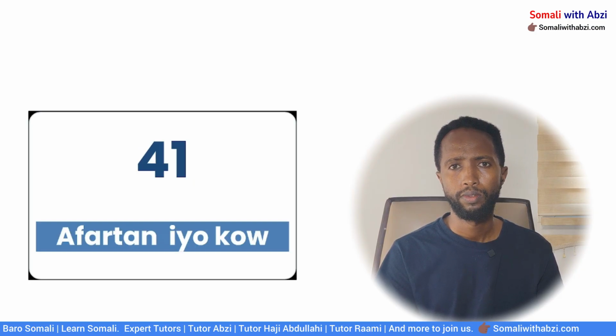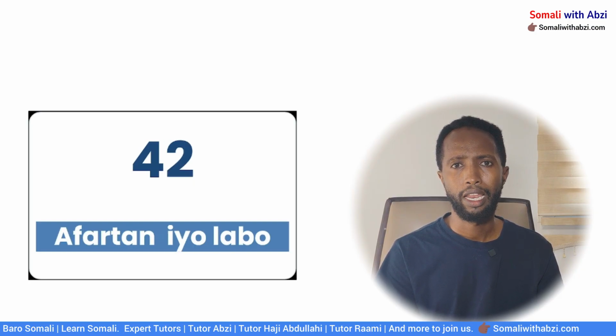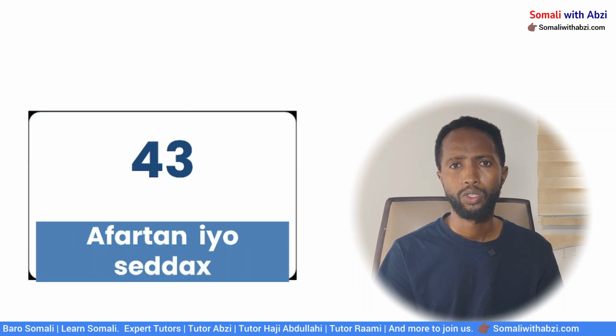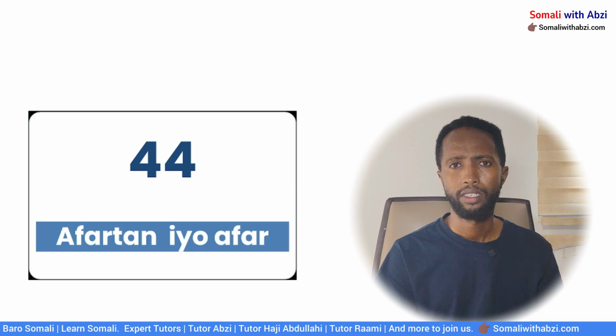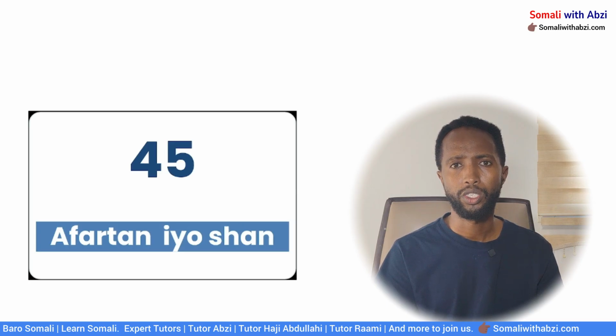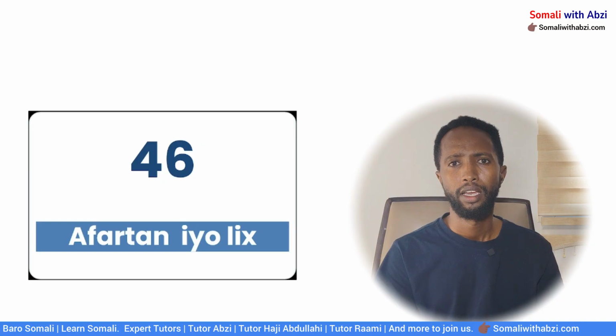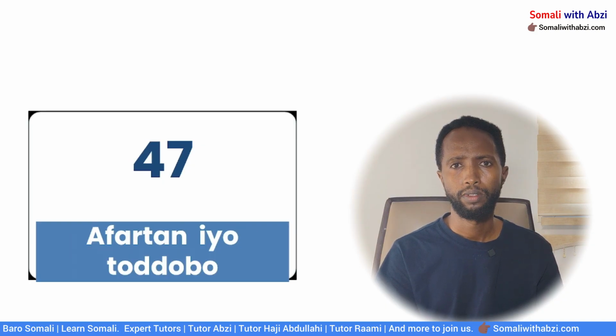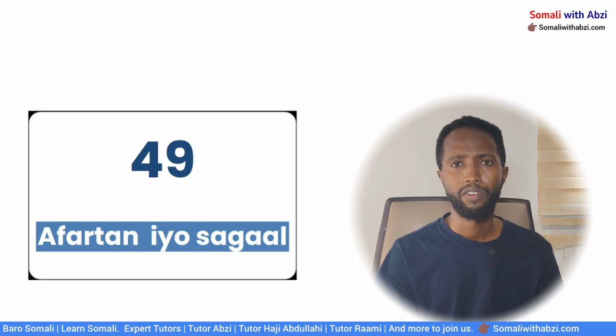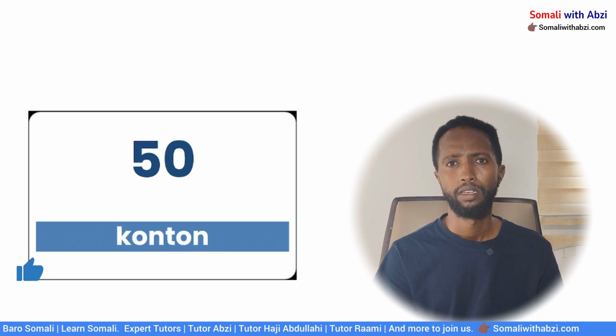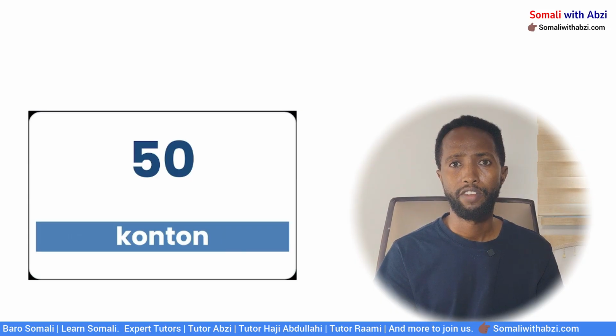Afartan iyo kow, afartan iyo labo, afartan iyo saddex, afartan iyo afar, afartan iyo shan, afartan iyo lix, afartan iyo toddobo, afartan iyo sideed, afartan iyo sagaal, konton. Now we learn the number 50, which is konton.